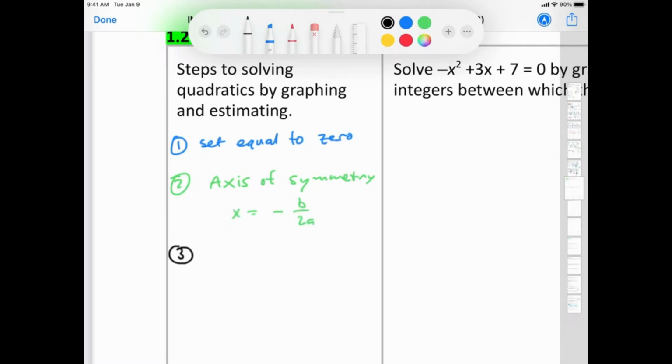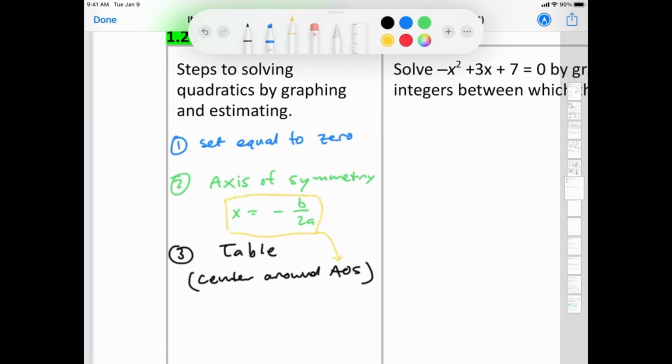Number 3, make a table. And I just want to reiterate that in the center of your table, center around the AOS. What that means is this value, whatever it is, right in the middle.